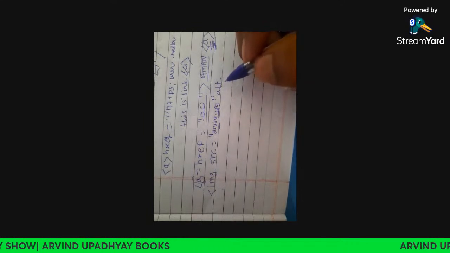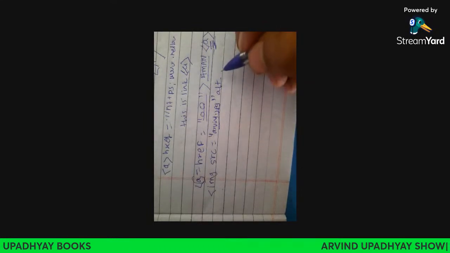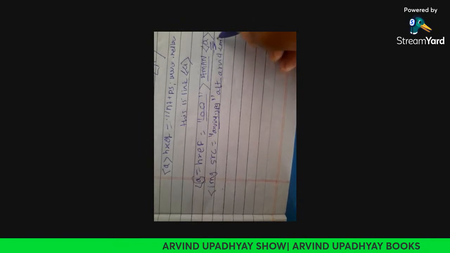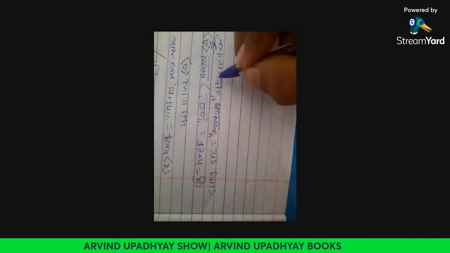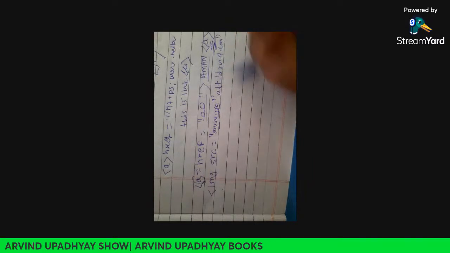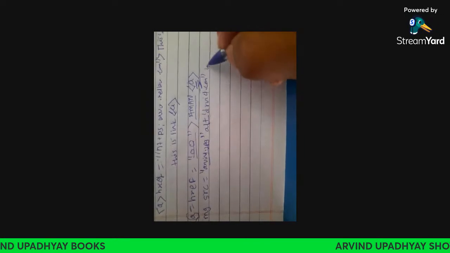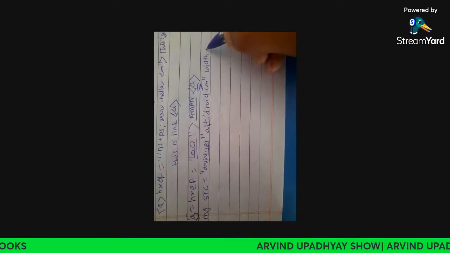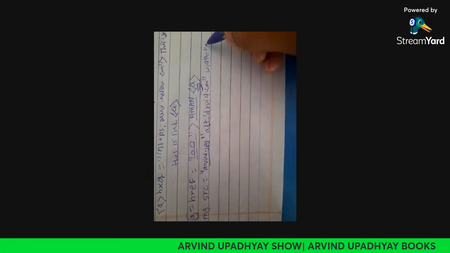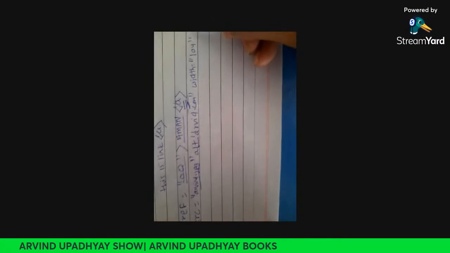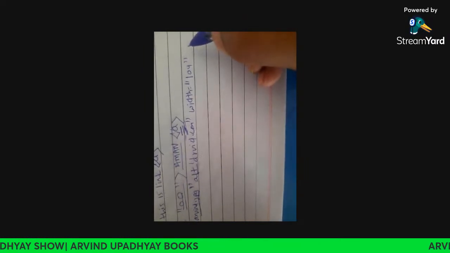So what is going to be showcased on the website? For example arvind.com, and then close this one. Then I want to set width equal to 104, and the height, what is going to be the height of this one?